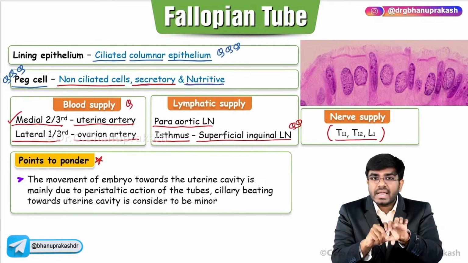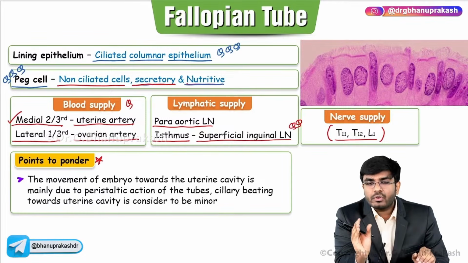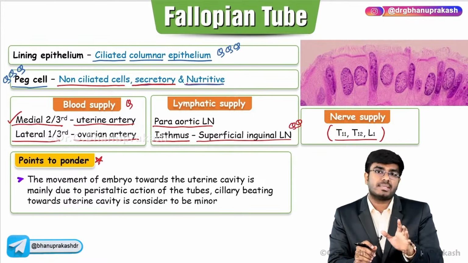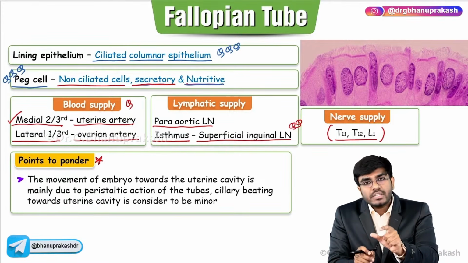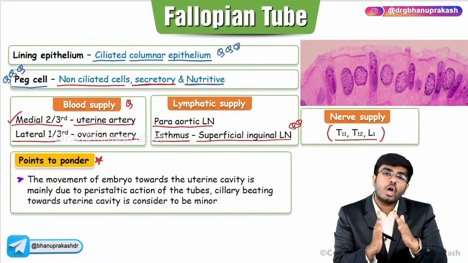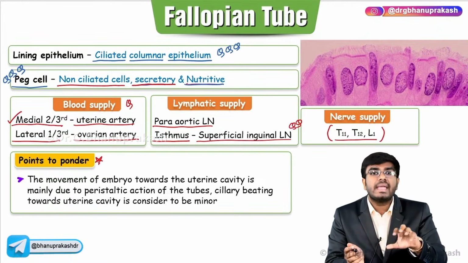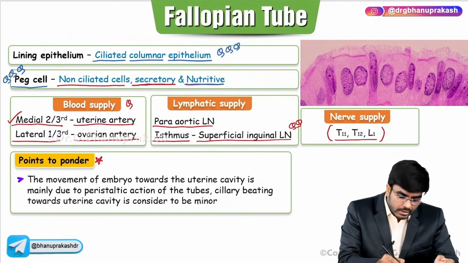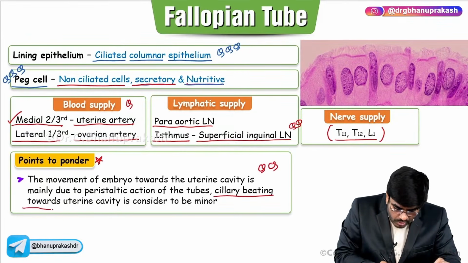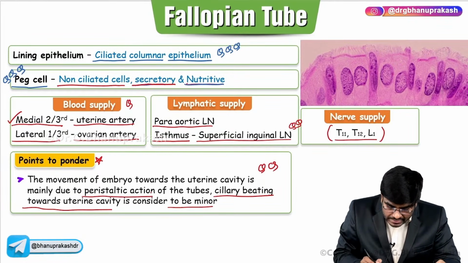Because of the peristaltic action, the embryo moves from the fallopian tubes into the uterine cavity. This peristaltic action is the major mechanism. Ciliary action will also add up, but that's not the major. Ciliary beating towards the uterine cavity is minor, but major is the peristaltic action.